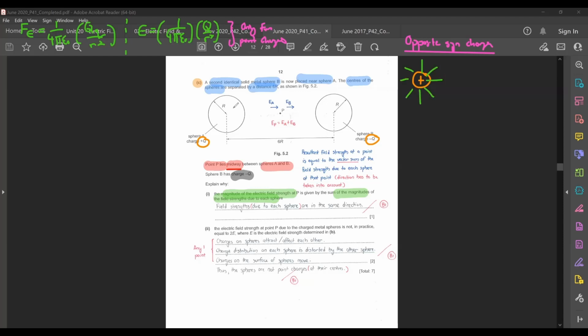If I just consider them individually, you have one positive isolated charge, and then you have one negative isolated charge here whose electric field is like this.